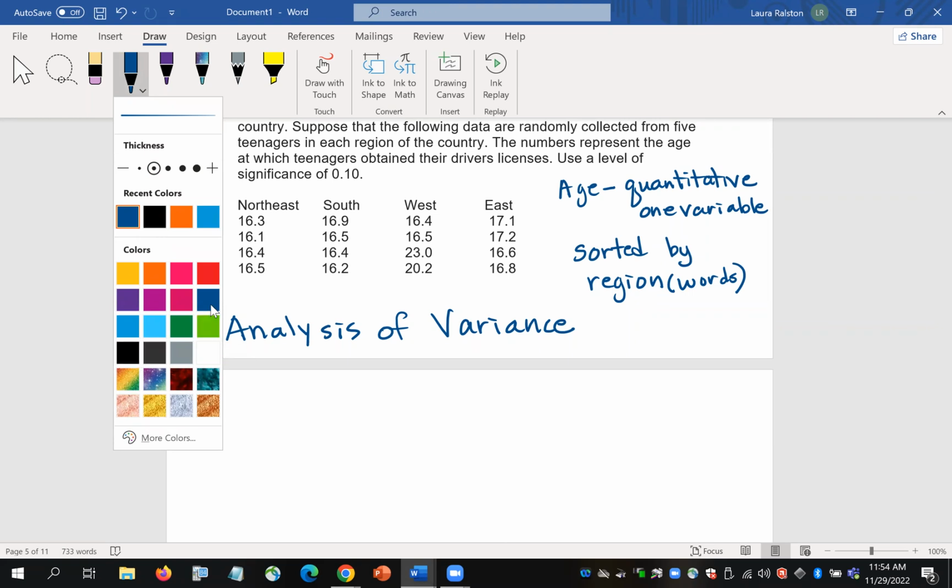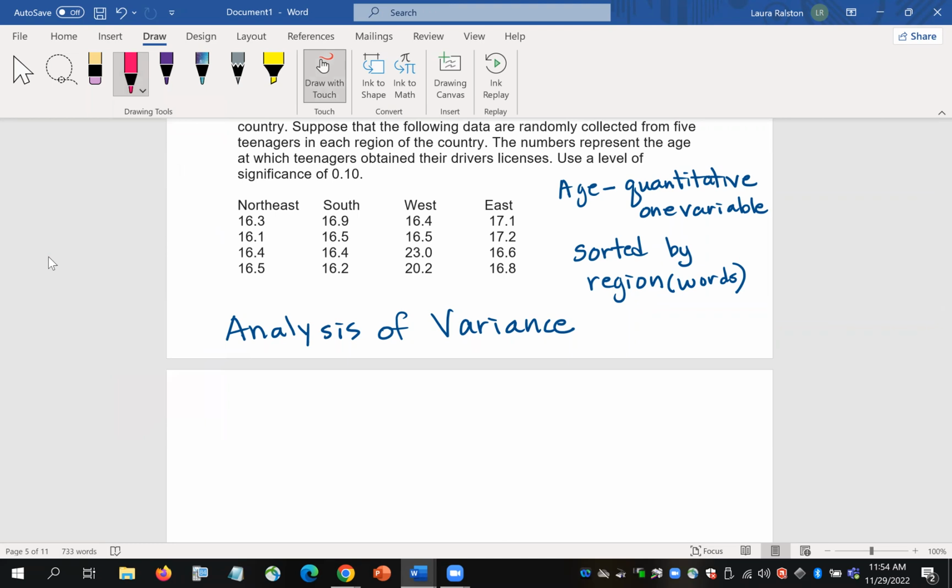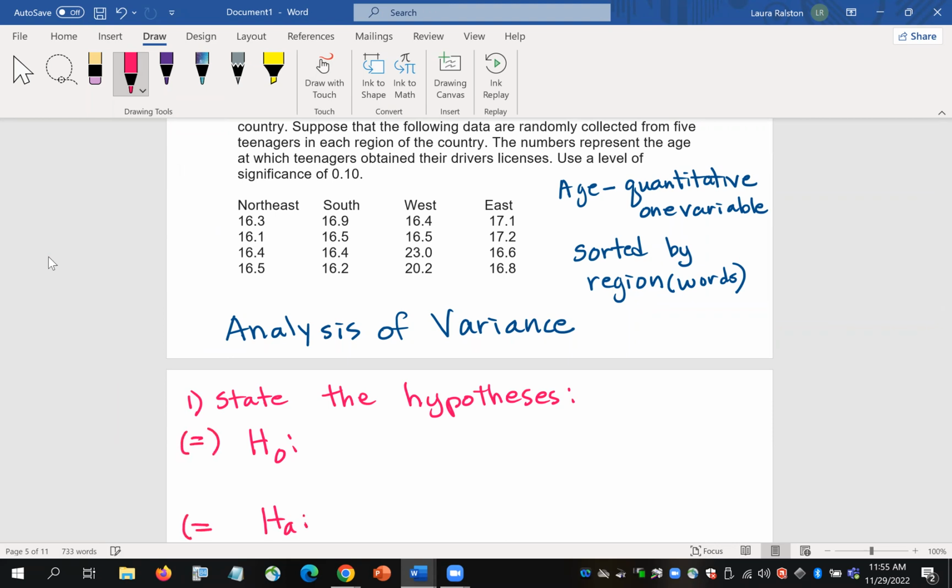So then we get ready to do our hypotheses. Step 1, state the hypotheses. Again, with Anova, the focus is on it being equal and not equal. We don't worry about greater than, less than, and so forth.